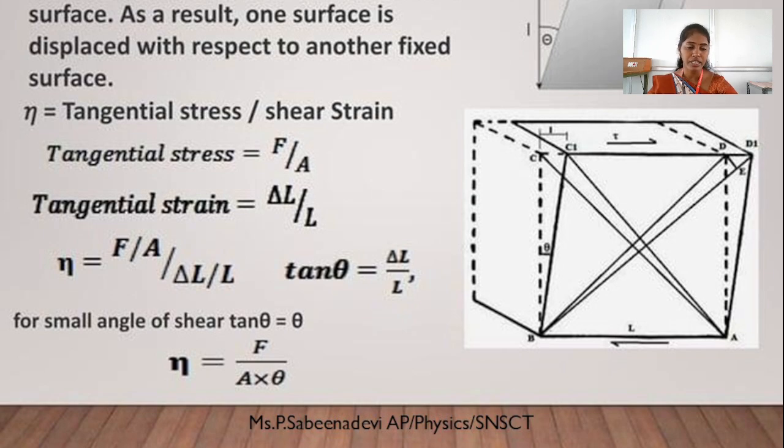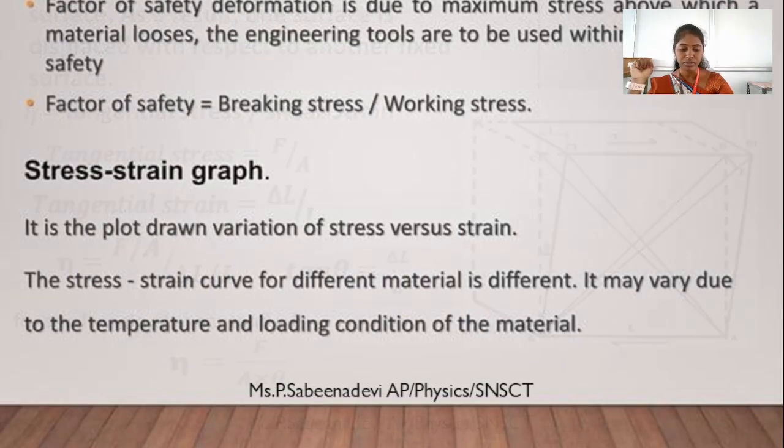Here the angle is very small, so we can simply write it as theta, right? So eta is equivalent to F by A divided by del L by L. Instead of del L by L, we write theta. Substitute here: eta equals F by A into theta. So this is the rigidity modulus of the given body, right?